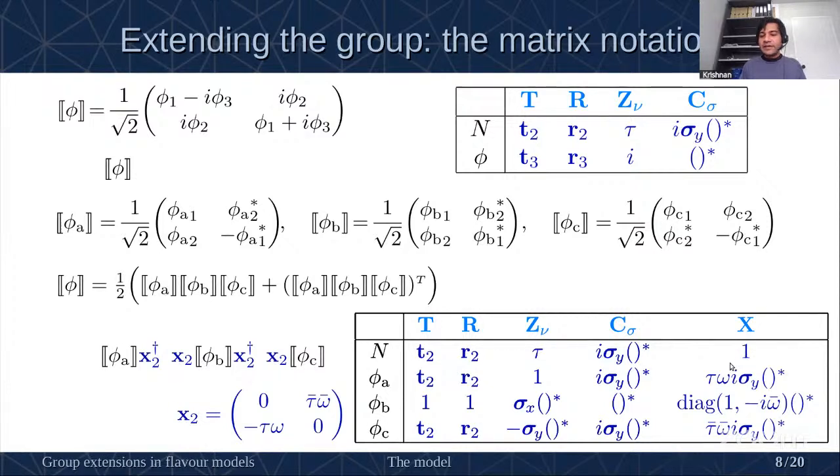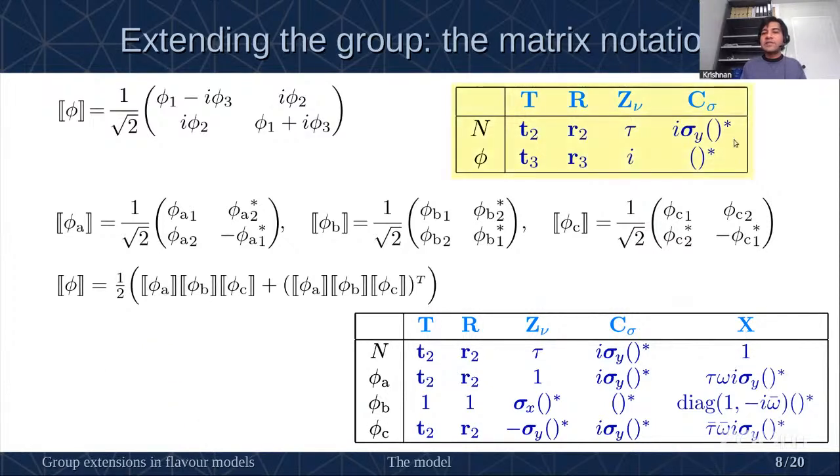So let me summarize this. I started with this table with the right-handed neutrino and a flavon field phi with group transformations defined in this. Then I came to this enlarged table where phi is replaced by something which I call more elementary: phi A, phi B, phi C, and redefined how these group generators act on them.